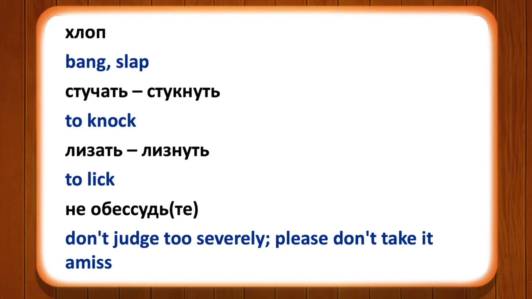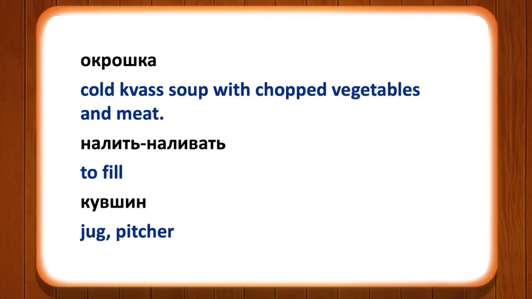This word combination means don't judge too severely or please don't take it amiss. Okay, so next word we have окрошка. Окрошка is a cold kvass soup with chopped vegetables and meat. Next verb combination is наливать, налить. That means to fill. Next word we have кувшин. That means jug or pitcher.